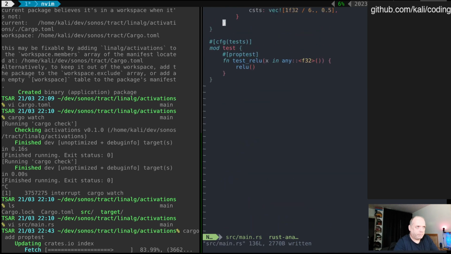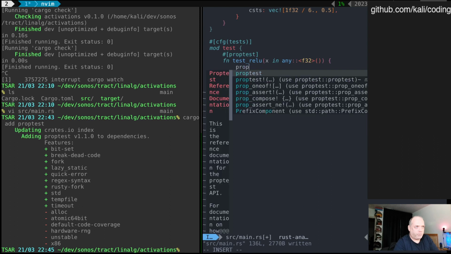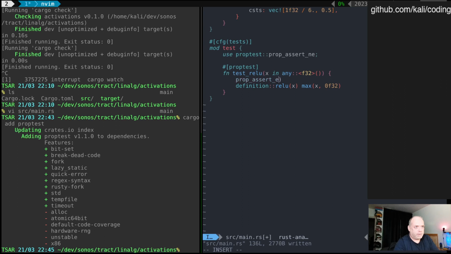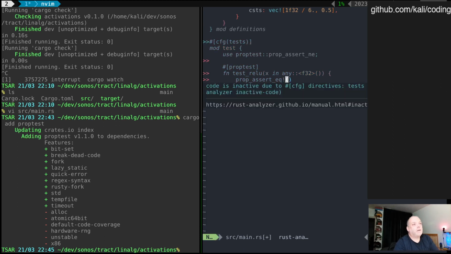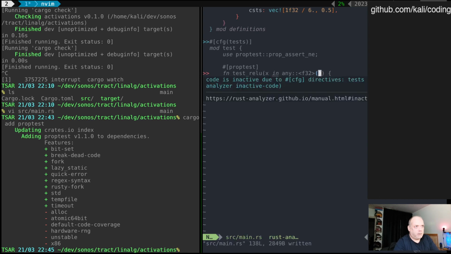So definition ReLU of x should be equal to max of x and 0. So I think I have prop test assert, prop test assert eq. Yep. So these two guys. Here we go. So maybe not the S here. Yep, better.